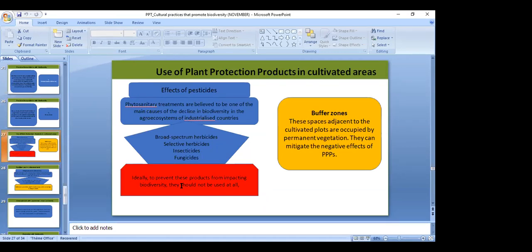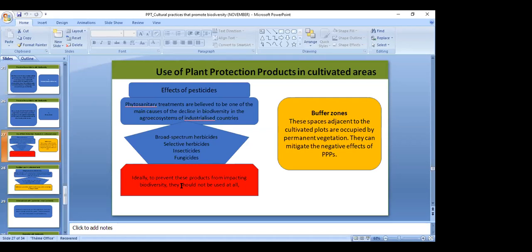We refer to them as broad spectrum herbicides. There are some we refer to as selective herbicides. We have some to be insecticide, and we have some other one to be fungicide. There are many of them. There are molluscicide, and as many as organisms or animals that constitute pests and predators on our farms. We have as much chemicals for them to prevent their invasion.